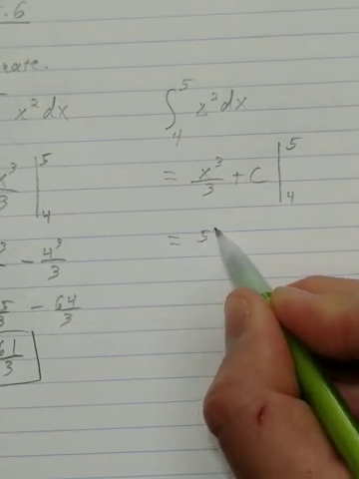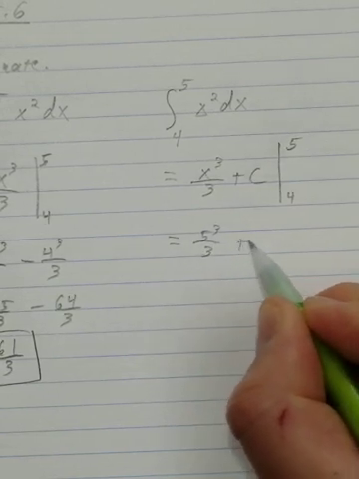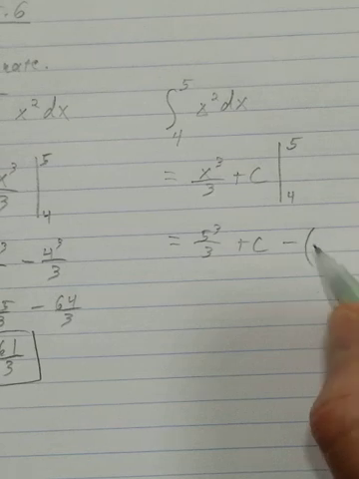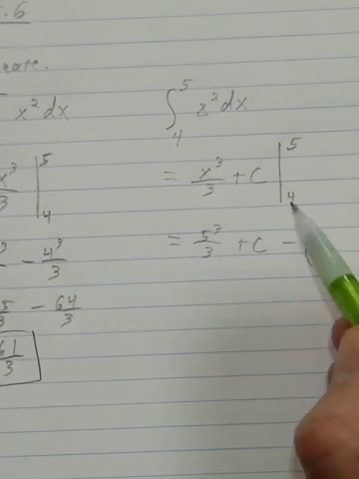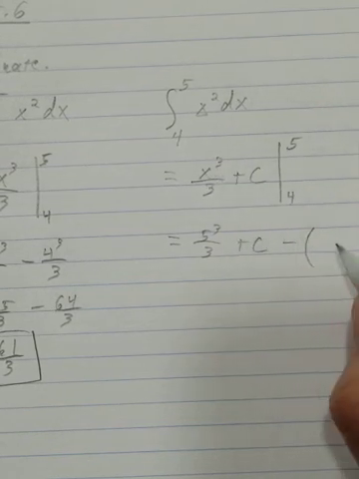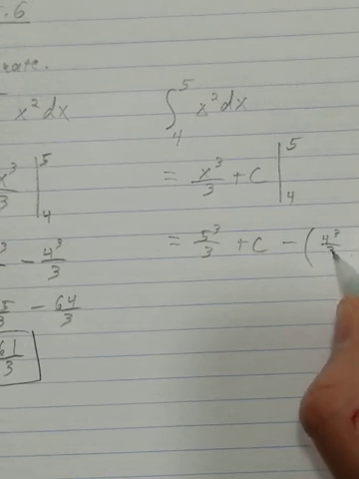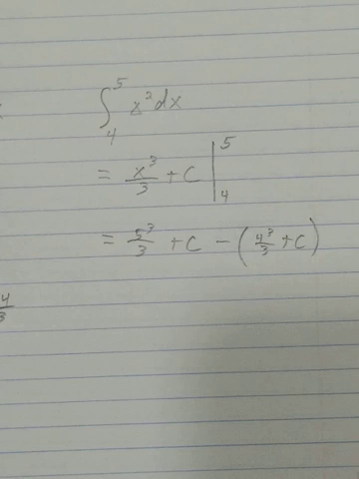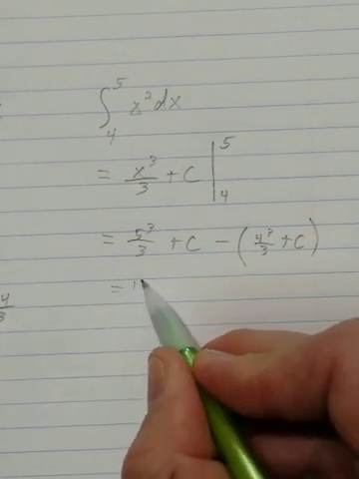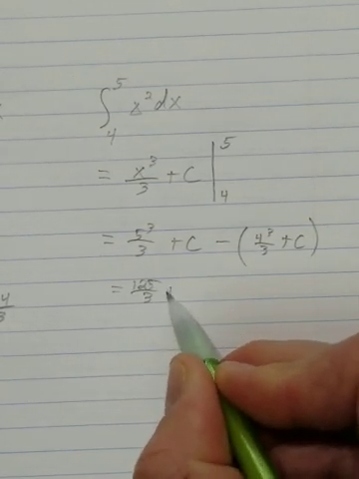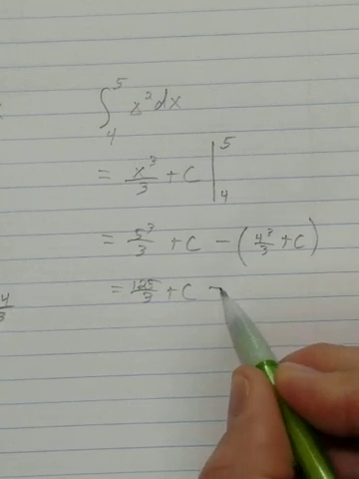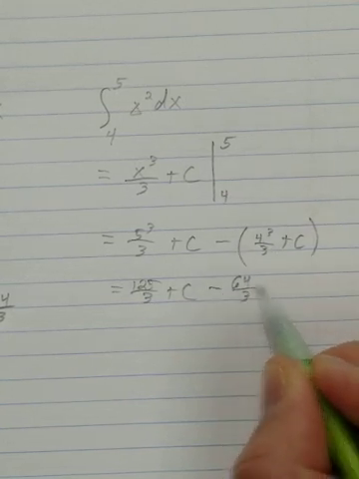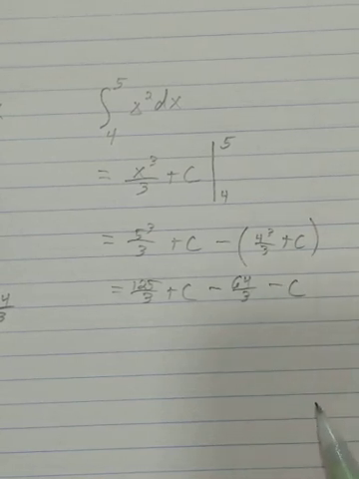So that's 5 cubed over 3 plus c, evaluating at 5, minus my antiderivative evaluated at 4, so 4 cubed over 3 plus c. That gives me 125 over 3 plus c. If I distribute the negative here, I get 64 over 3 becomes negative, minus c.